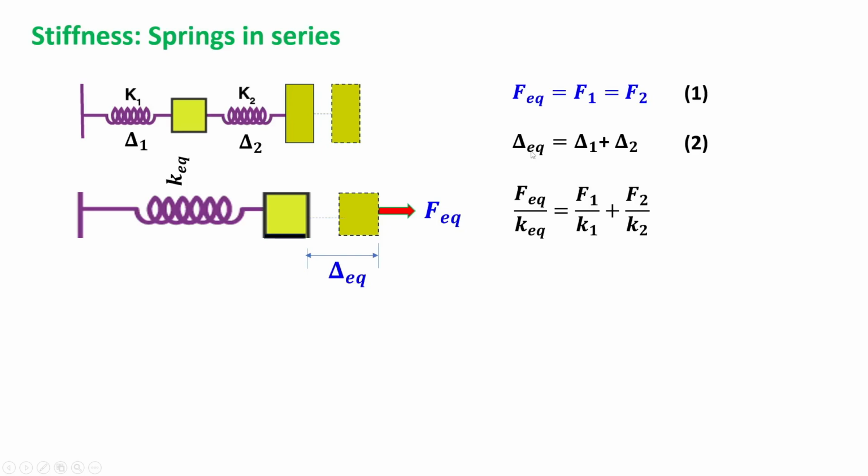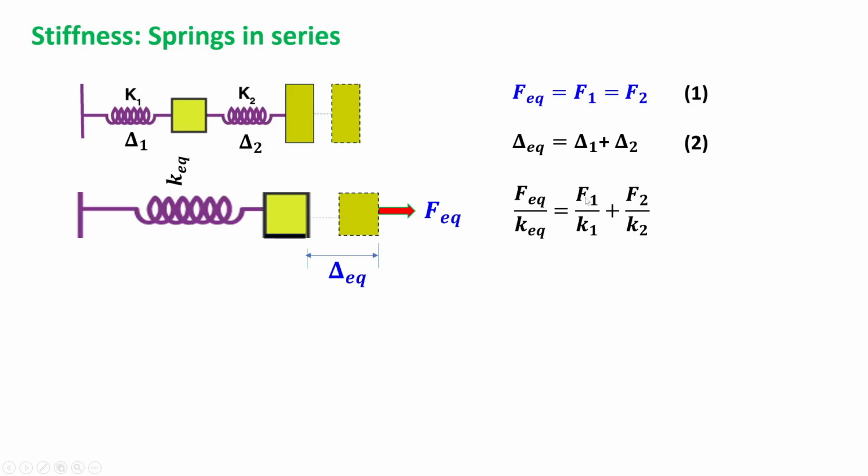Delta equivalent equals force by stiffness, so we write F equivalent by K equivalent. Similarly, delta 1 equals force F1 divided by K1, and delta 2 equals force F2 by K2. Now we substitute equation 1, that is, all the forces are equal.